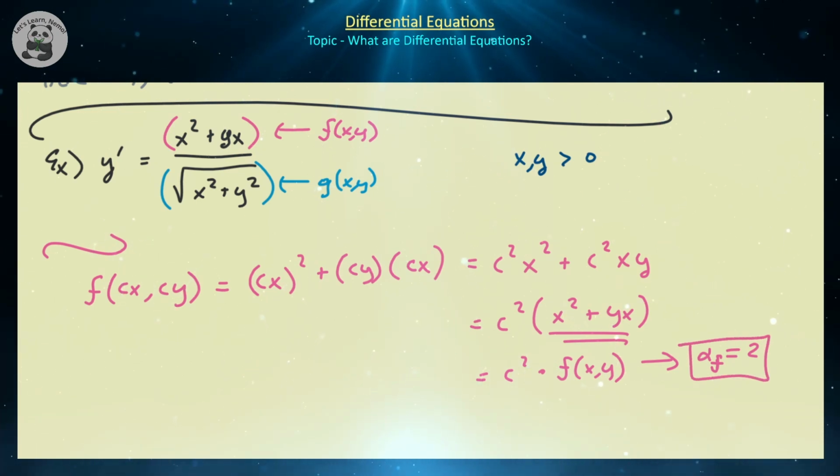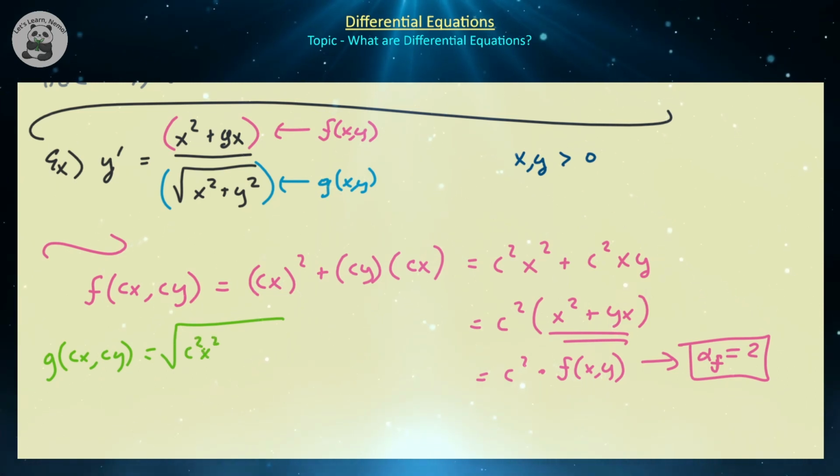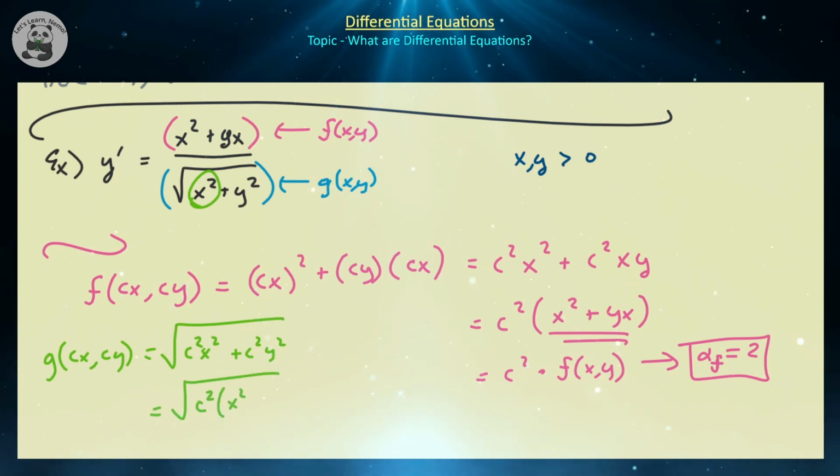Then we're going to do the same exact thing for g. So g of cx, cy will be equal to the square root of c squared x squared when we square that term, and then c squared y squared on that term. We're going to factor out our c squared, so we have c squared times x squared plus y squared. The square root of c squared is going to be the absolute value of c, but c is positive, so it's just going to be equal to c times the square root of x squared plus y squared.